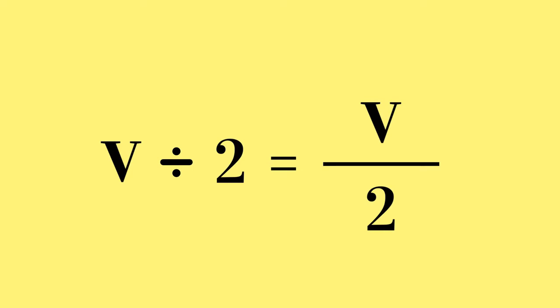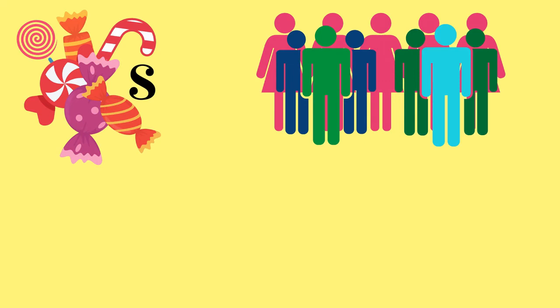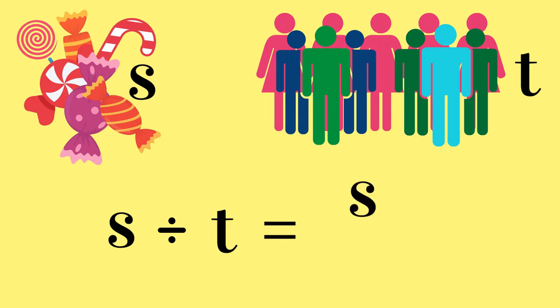So if the number of sweets in a bag is represented by the variable s, and the sweets were then shared amongst a number of people known as t, the amount of sweets they would each get is s divided by t, which we would write as s over t.